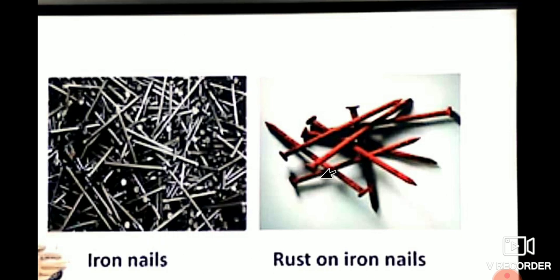While non-lustrous materials means there is no shining in these materials. So rusted iron, cardboard, plastic and wood are examples of non-lustrous materials.